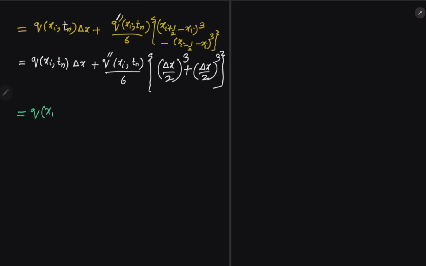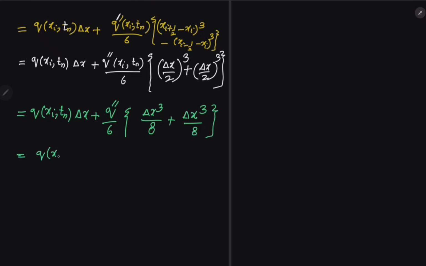Q xi Tn delta x plus Q double dash divided by 6, so we have delta x cube by 8 plus delta x cube by 8.